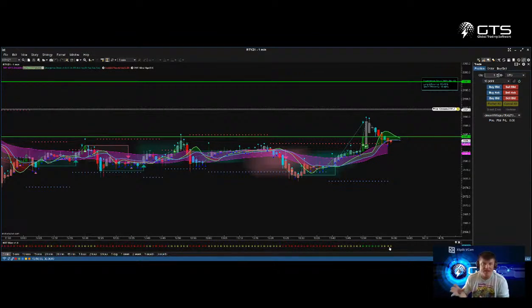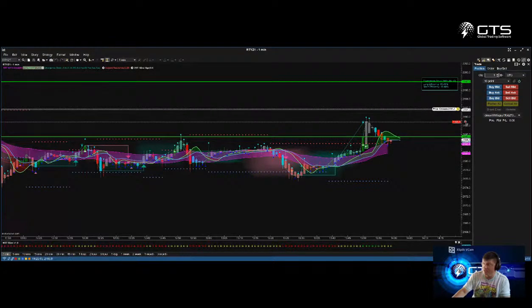If you're using the XBRAT system, there are so many different aspects that you can use as a risk management strategy. For instance, something like this, right? If you hop out on the candle that turns neutral, boom, you've lost.